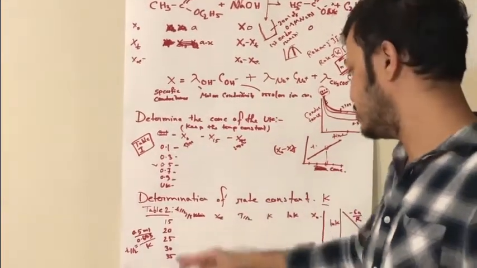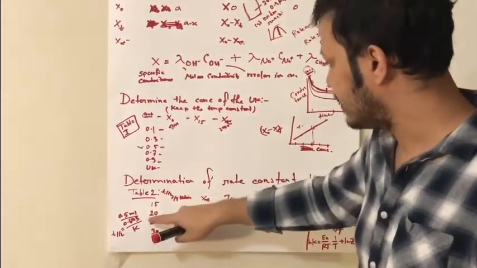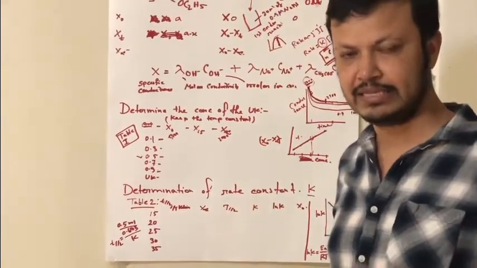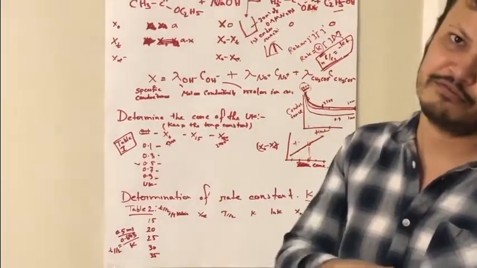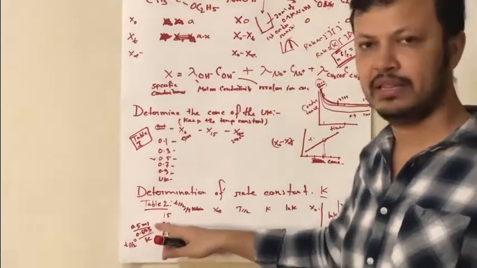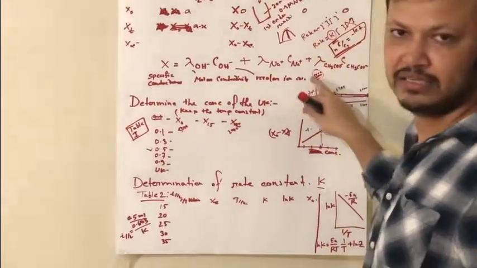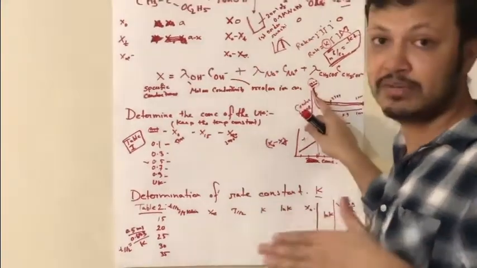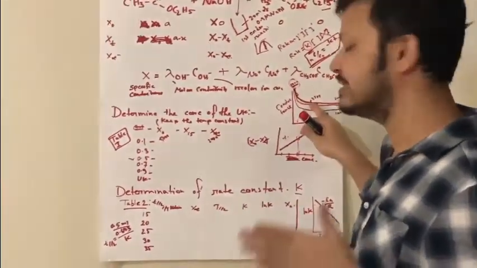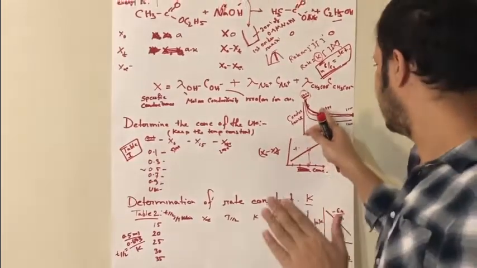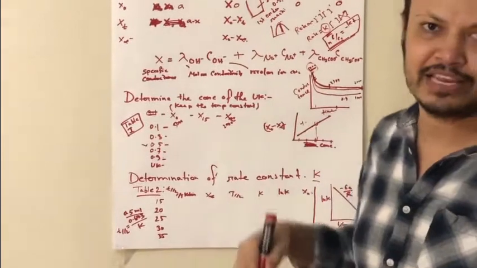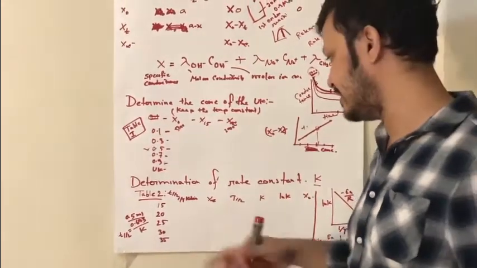Suppose for 15 degrees, first you take that test tube and put the 0.5 ml. Initially you check the conductance value, and you have to continuously measure the conductance for 15 minutes. Then after 15 minutes you keep it, because you have to take the value again after infinite time.